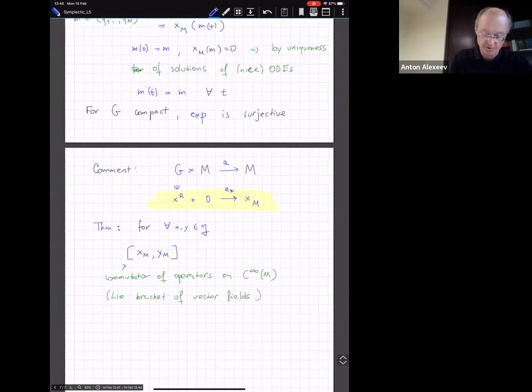And this will be equal to the Lie bracket. For matrix Lie algebras, that's just a matrix commutator.